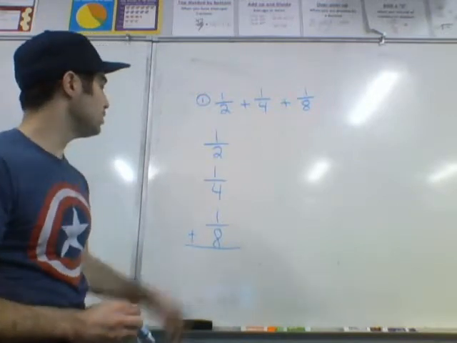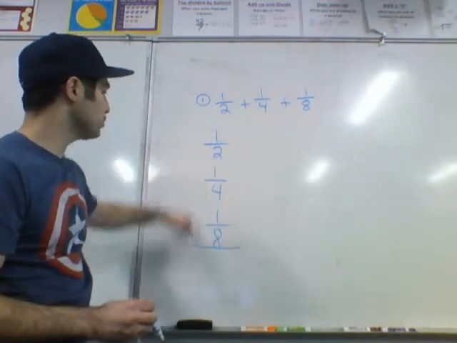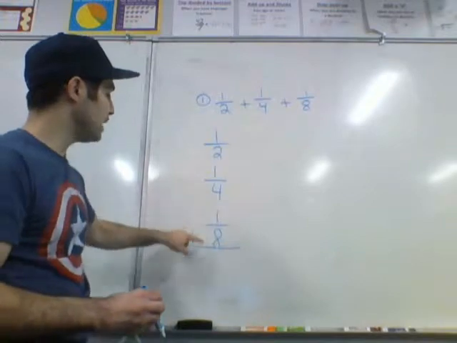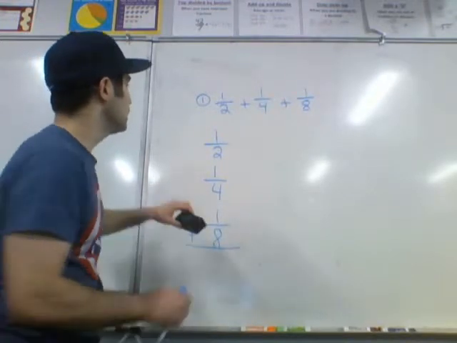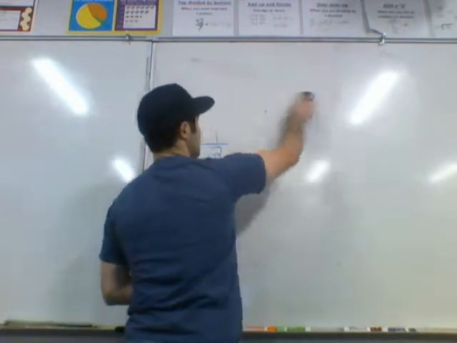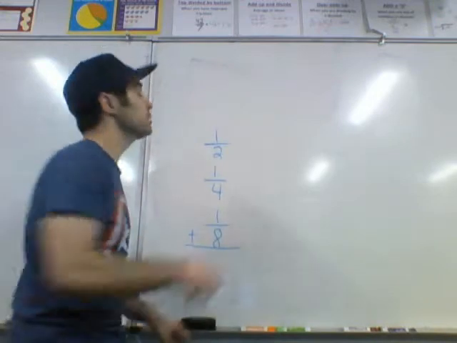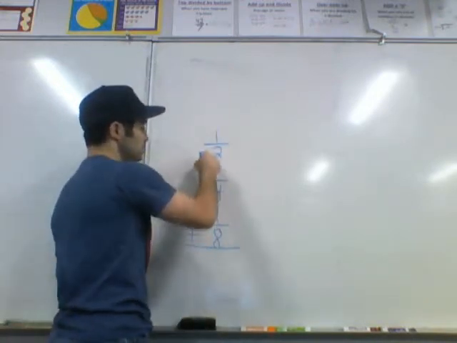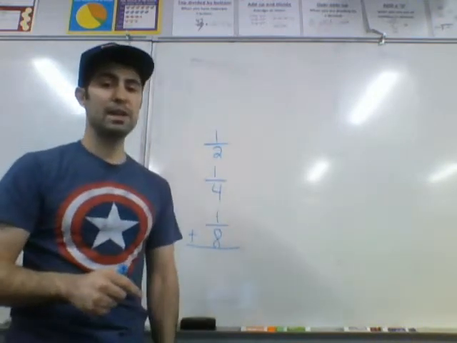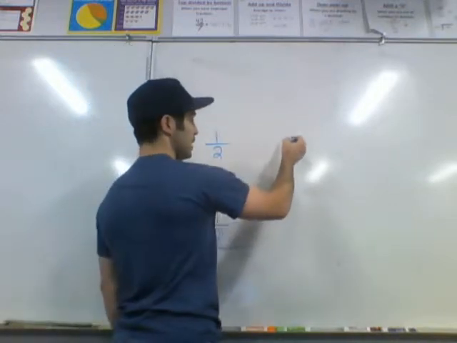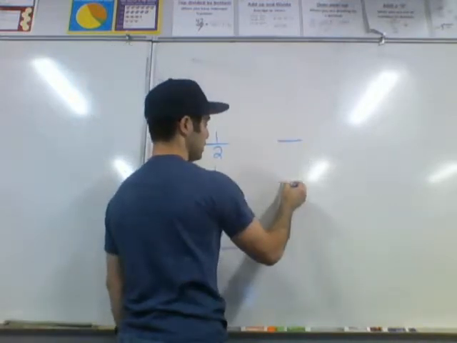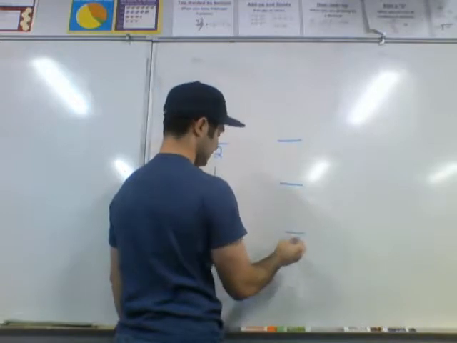Now, before you do that, you need to know your multiples of 2, 4, and 8. So I'm going to erase this, get this out of the way so we can write our multiples. The denominators are 2, 4, and 8, so you want to find a common denominator. I'm going to write some fraction bars.